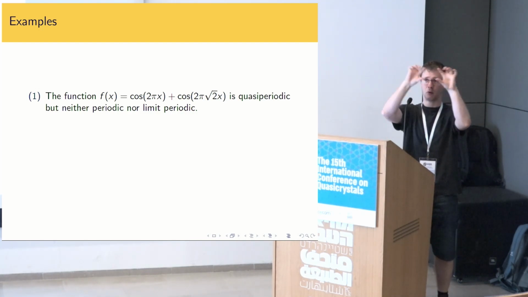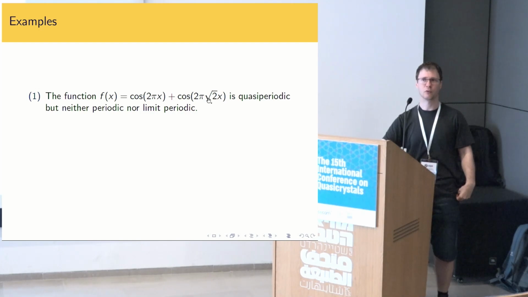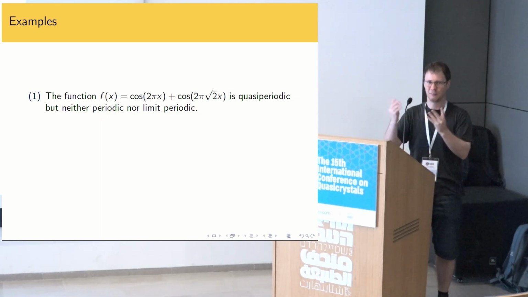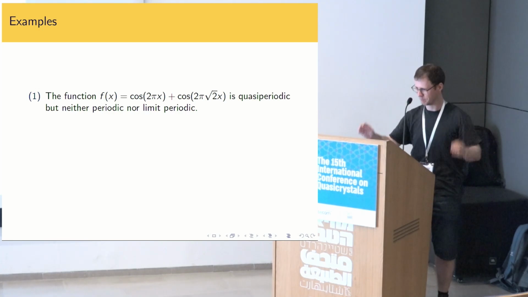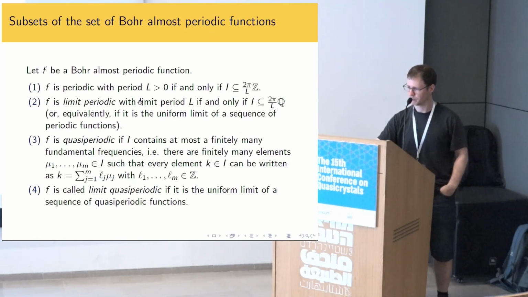So we already have our Fourier expansion. And what is I? In that case, I is plus and minus 1 and plus and minus square root of 2, so it's 4 elements. If I have only finitely many, then obviously I can write every element as a finite combination of those 4. And it is not limit periodic. This requires a tiny little computation, but it's not difficult. We can use this characterization.